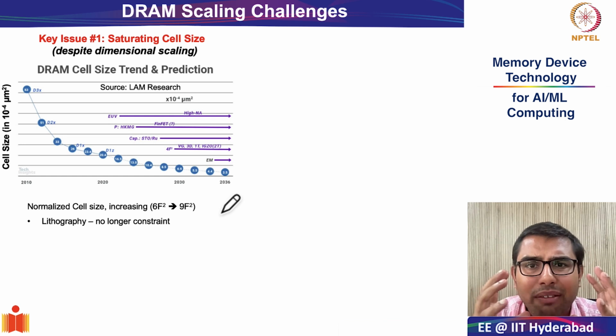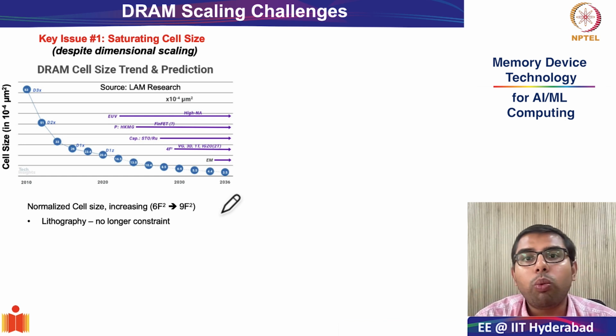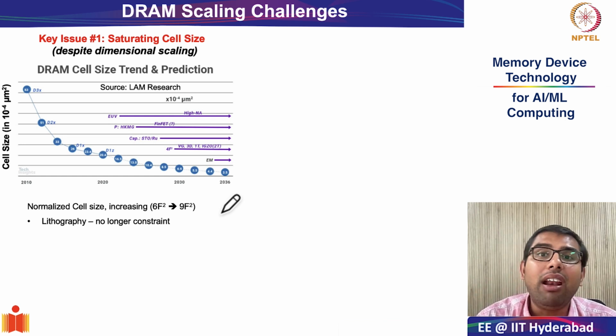So the first key issue that we are facing while trying to improve the performance of the DRAM subsystem. Remember, in the DRAM subsystem, it was essential not just to get higher speed, but also higher bit density.